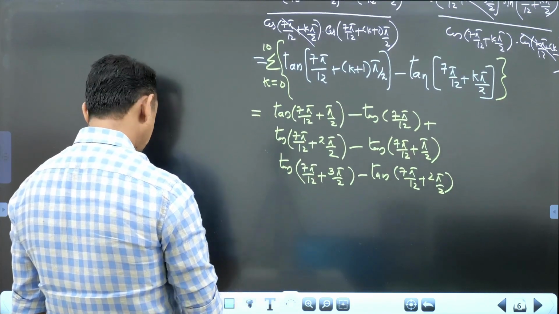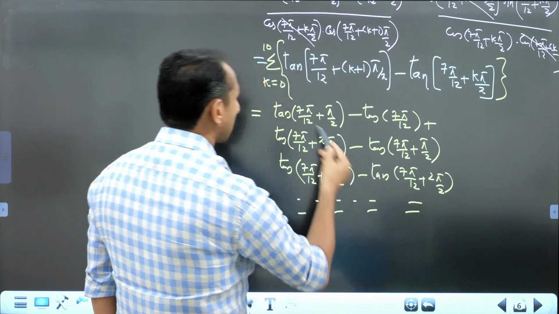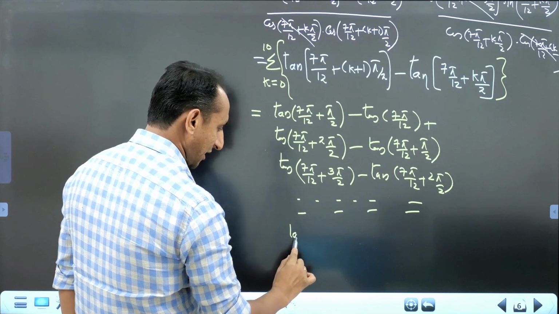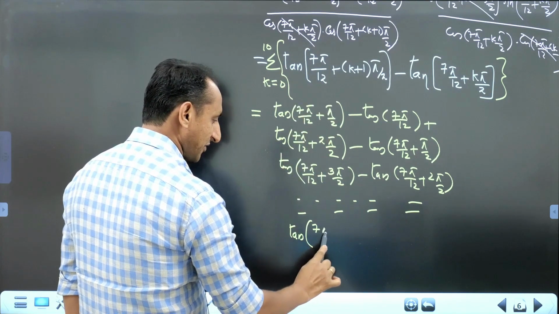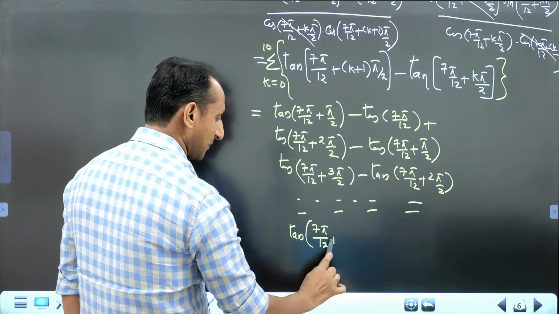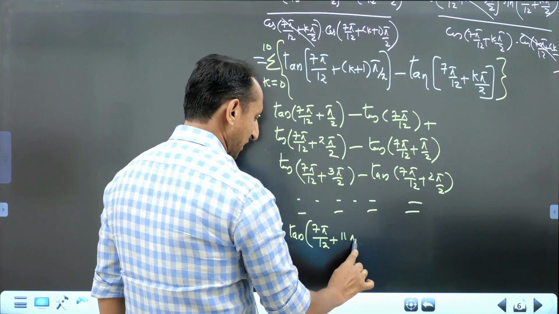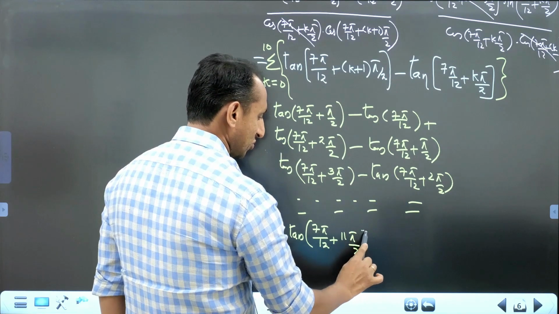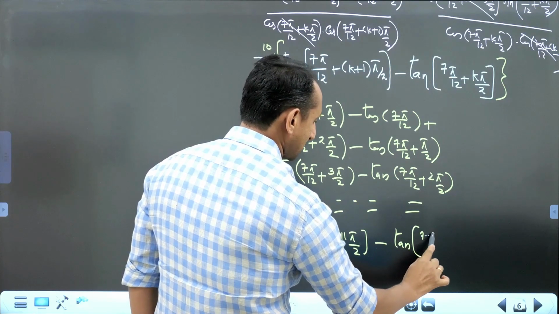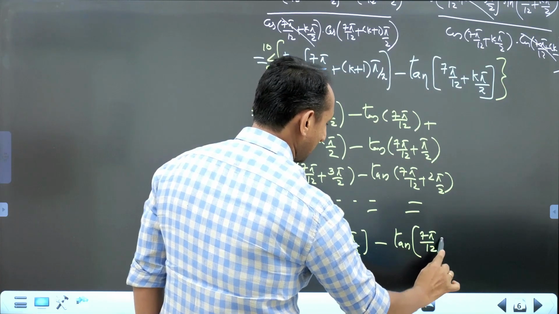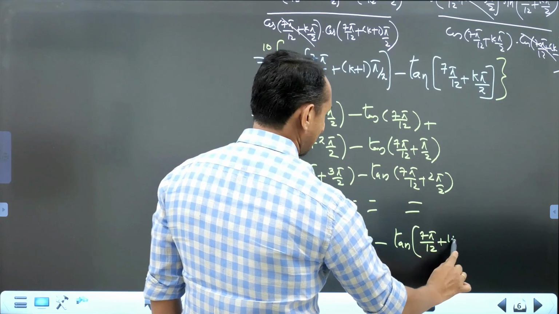Finally we write k is equal to 10. When we put k is equal to 10, what happened? Tan of (7π/12 + 11π/2) minus tan of (7π/12 + 10π/2).